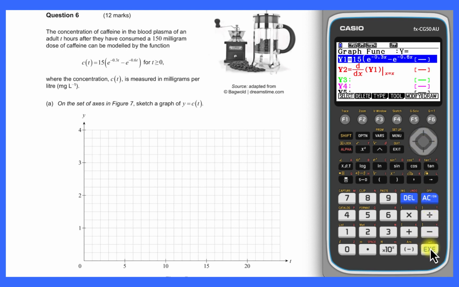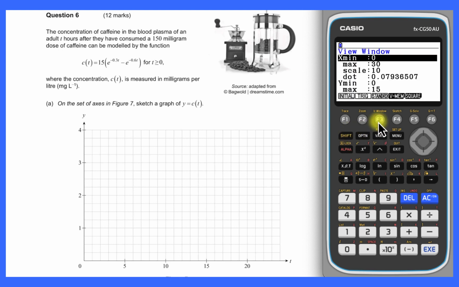Now, before I get silly and press draw, I'm going to make sure my view window is looking precisely as required. I have an axis and I want the axis to match what I'm going to draw. So shift and the view window, and the X scale looks like it goes from around about 0 to 24. So 0 to, let's say 25.